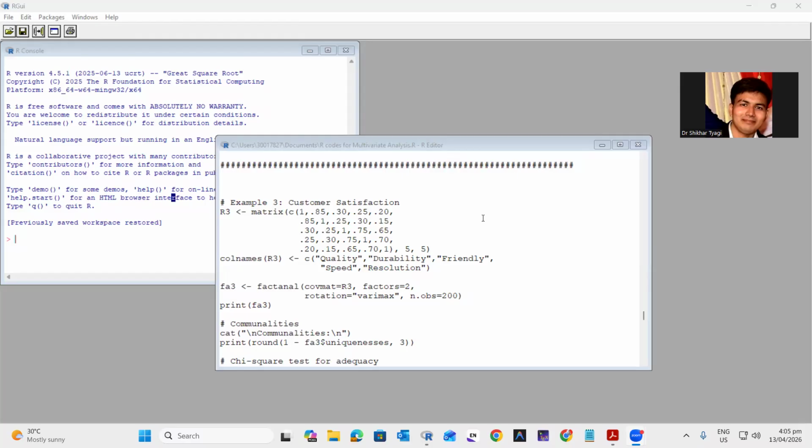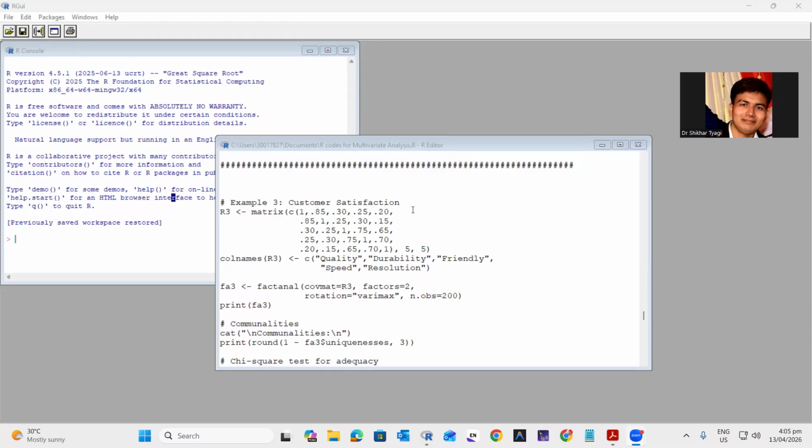So we are going to discuss a few more examples on factor analysis and their different types of tests and other things. Here we have another example for customer satisfaction where we have the correlation matrix.